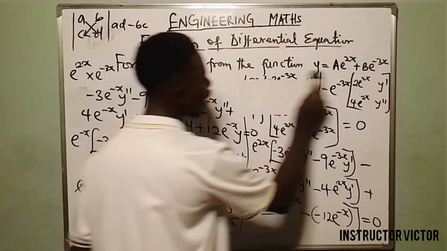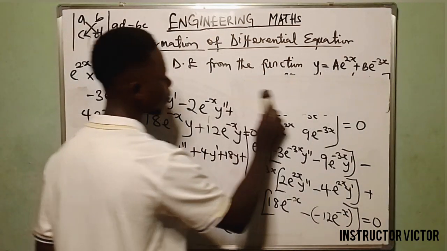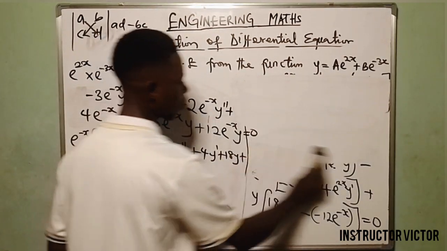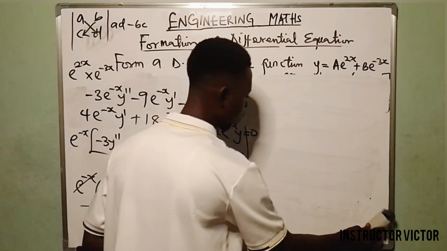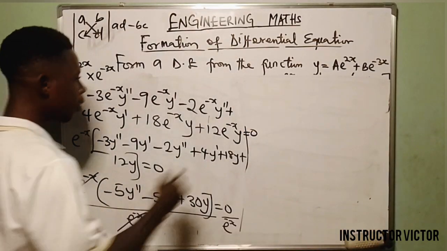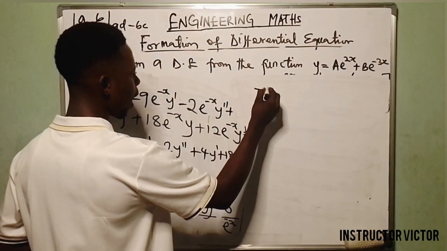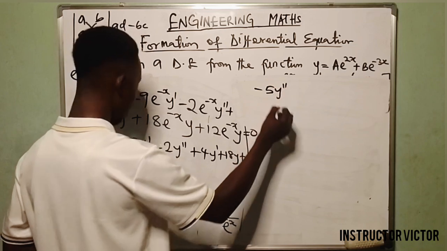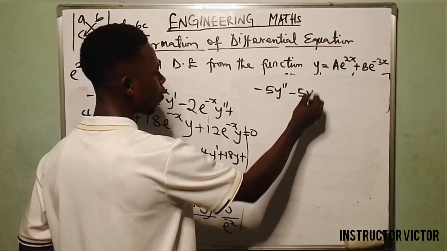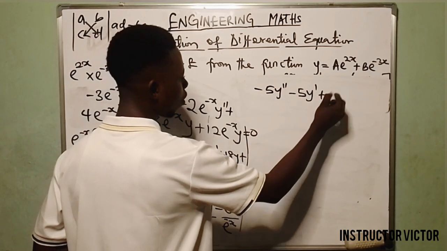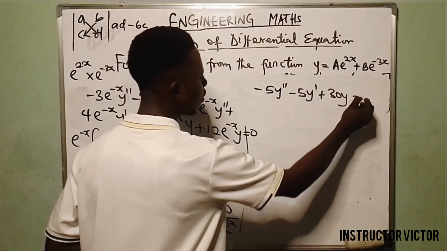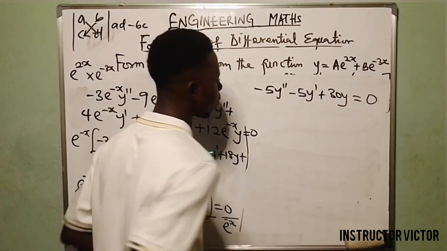So we will be left now with minus 5y prime prime minus 5y prime plus 30y is equal to 0.